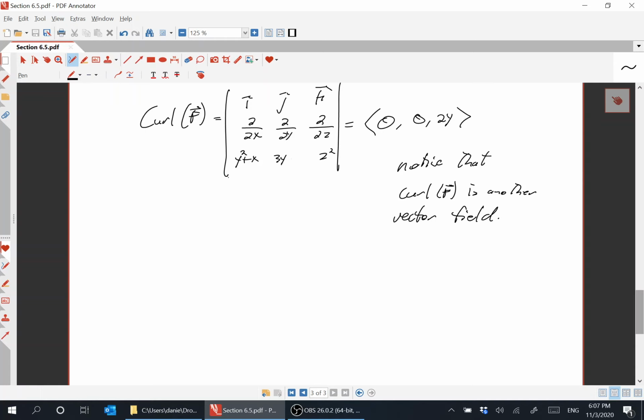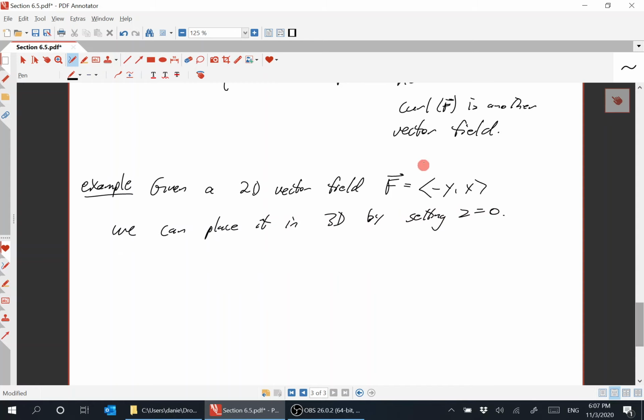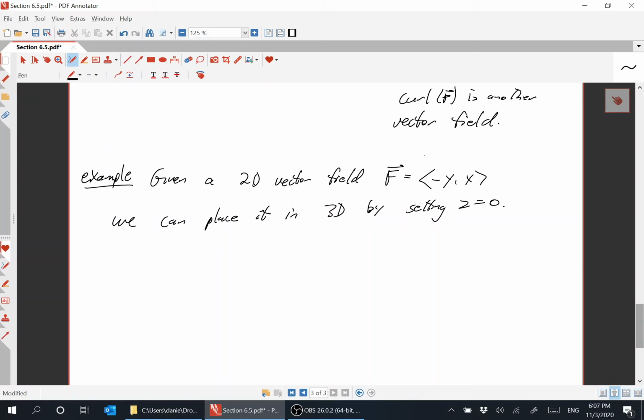starting with one vector field. Also, a two-dimensional vector field, you can always put it in 3 dimensions by making the z-coordinate 0. Given a 2D vector field, like this famous one we've been working with, minus y, x, we can place it in 3D just by setting z equal to 0, or some other constant perhaps.